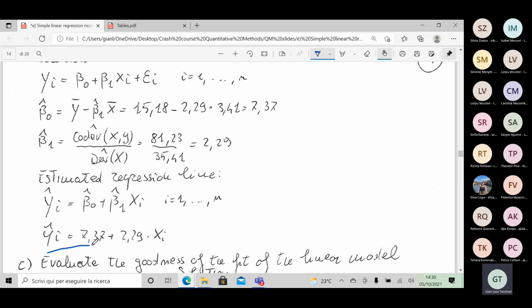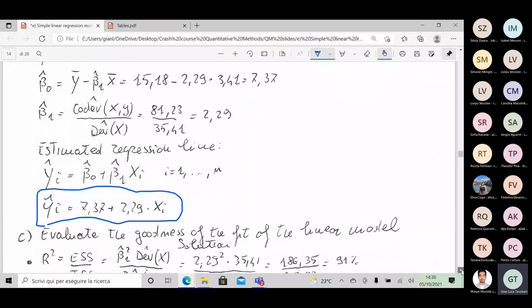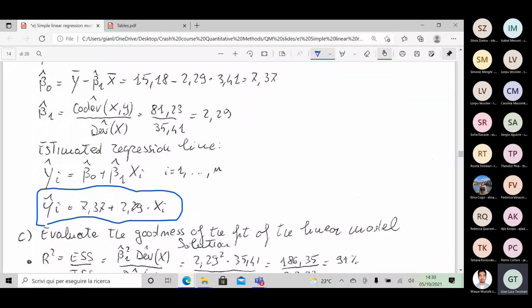So this is the estimated straight line, and this straight line can be used, for example, to perform forecasts. You see that when x i is equal to 0, this term disappears, and you have that y hat i of a store with 0 advertising expenses is effectively beta 0 hat.